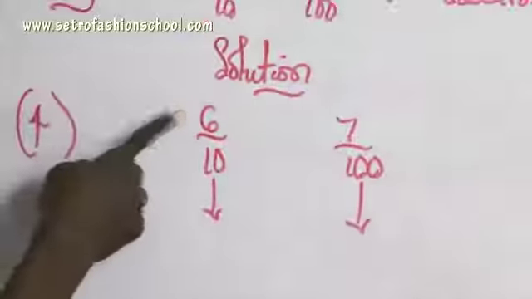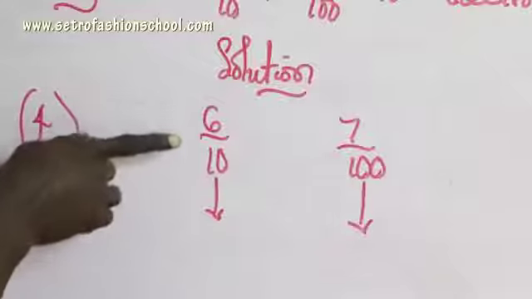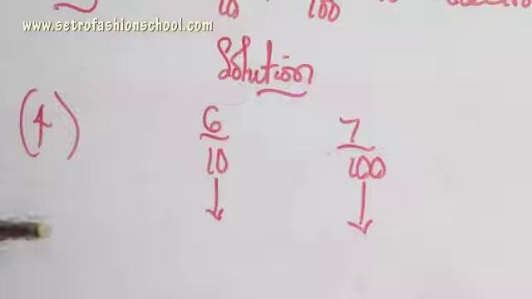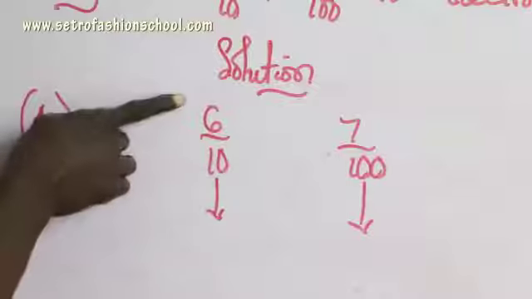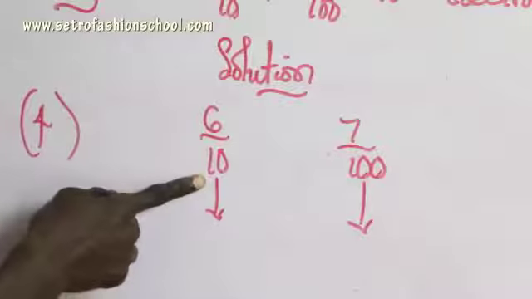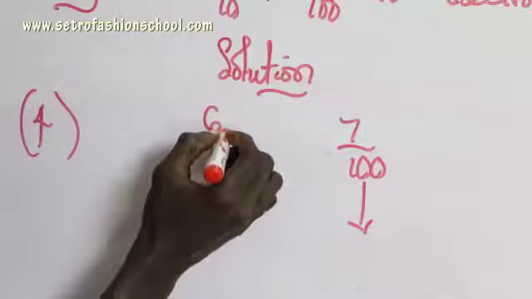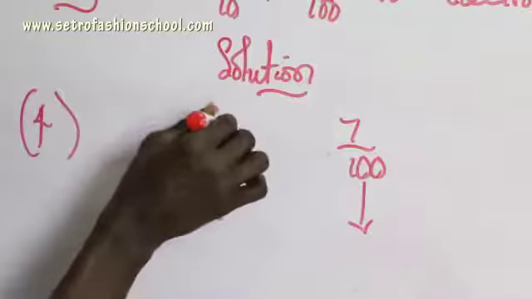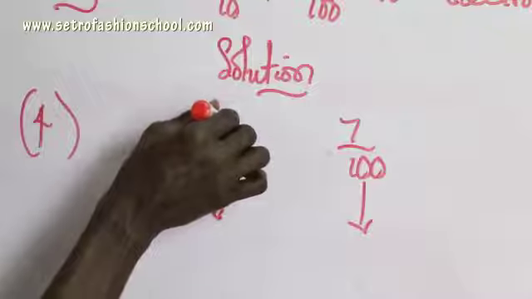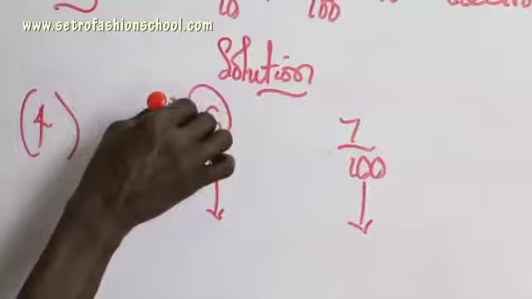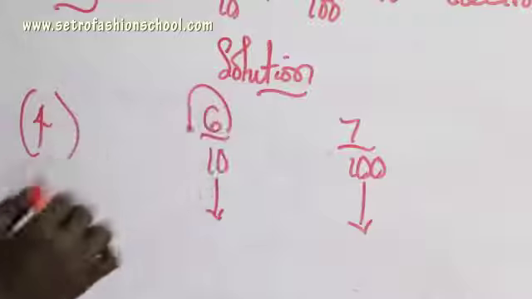This in decimal means 0.6. 6 tenths means 0.6. Let me give you one technique. Put a point, place your pencil, your pen here, move it to the left, once. How many times will you move it? Once.